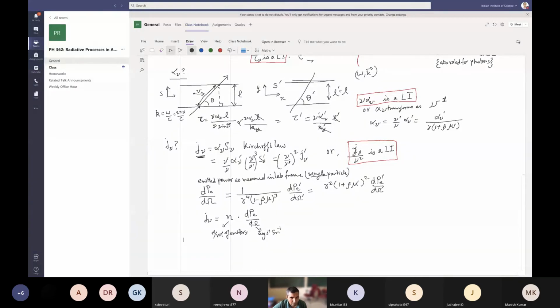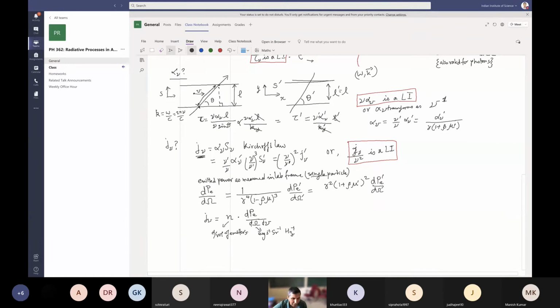But we also want per unit frequency, so we want to do d nu here, so that will become per hertz. So this is how J and power are related.